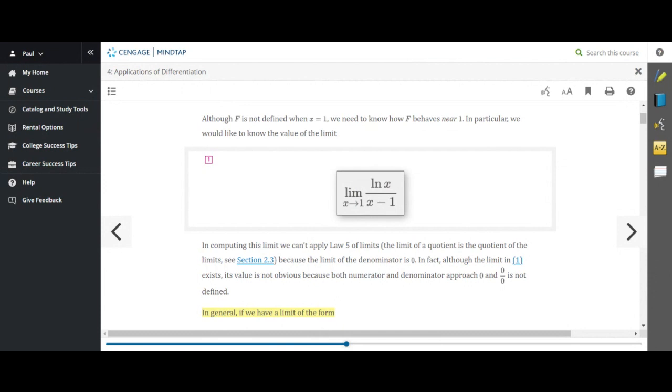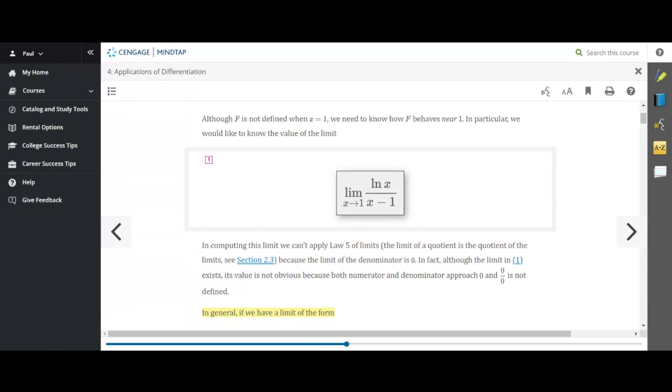X minus 1 as x approaches 1. What number does it approach? Good, Mohammed. The denominator has to approach 0, right? Because 1 minus 1 is 0.